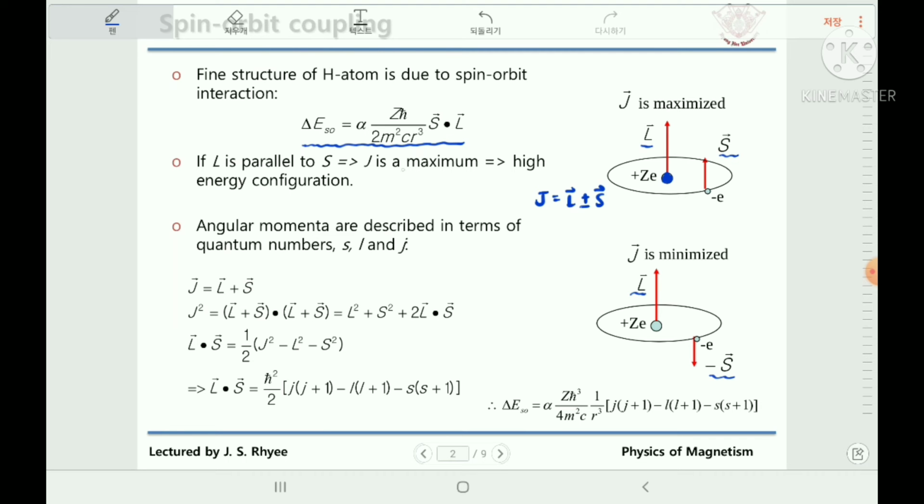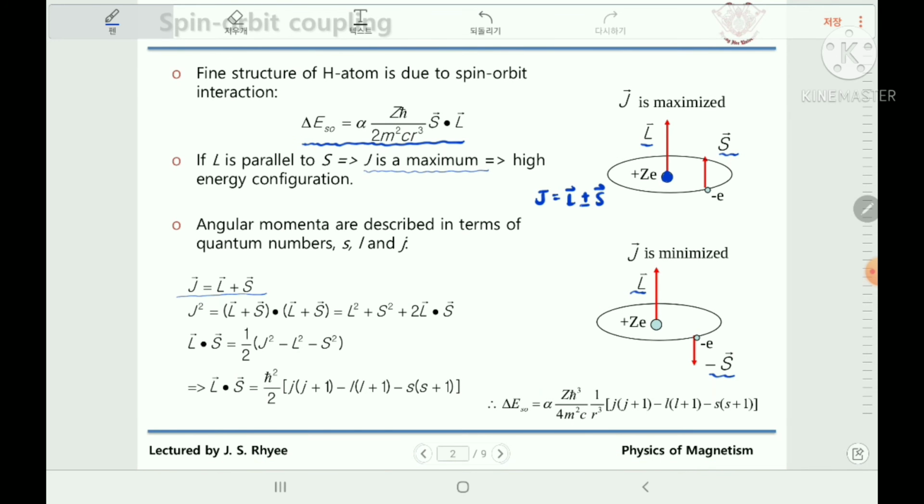Here we can say that the maximum J case is the high energy configuration, and the minimum J case is the low energy configuration. Here let's consider the L plus S case.